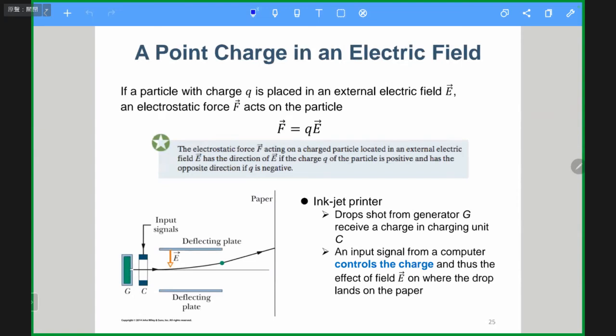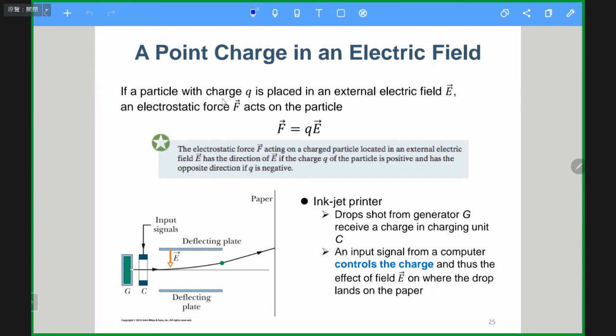So up to now, any questions? Okay, no question, then we can move forward. We can talk about a point charge in an electric field.